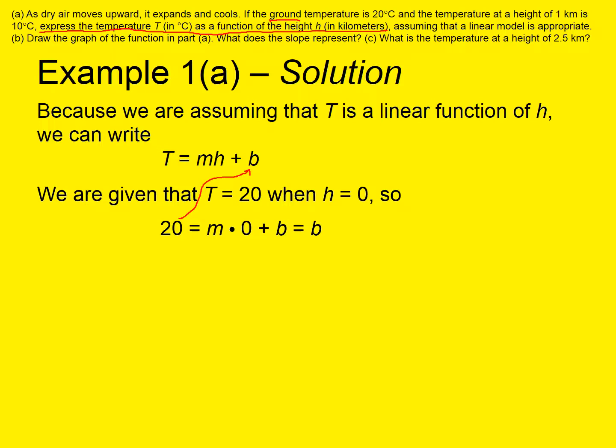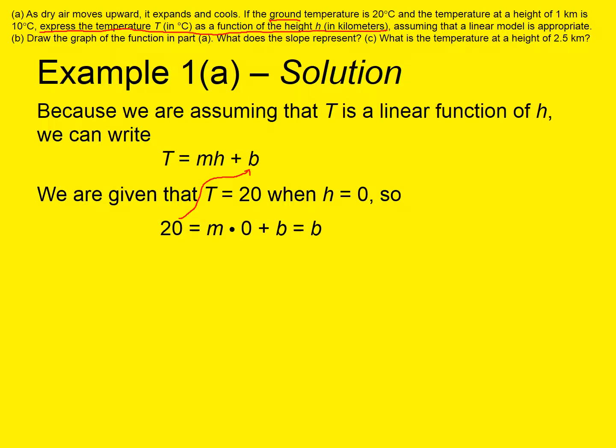Now it'll be easier because we'll have a number in there instead of the b, and we can use other information in the problem to help us figure out the value of m. And the problem also tells us information that we haven't used yet, which is that at a height of 1 kilometer, temperature is 10 degrees Celsius.